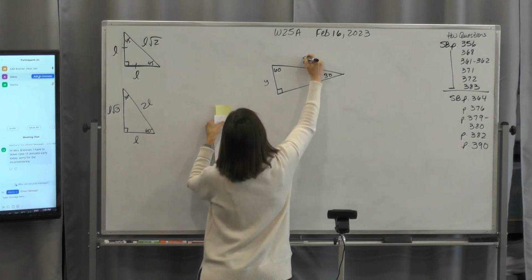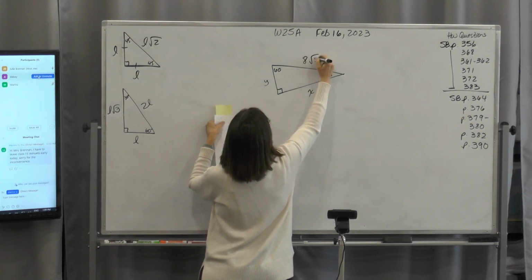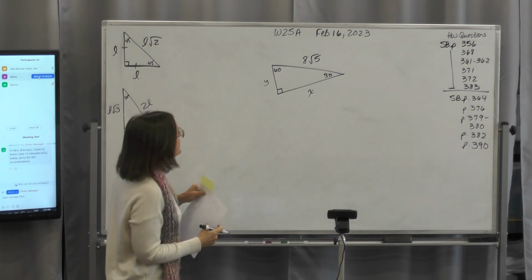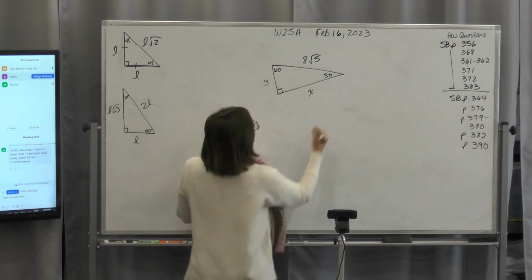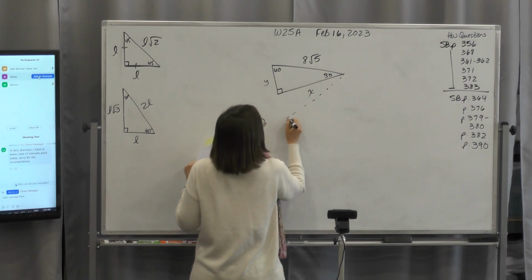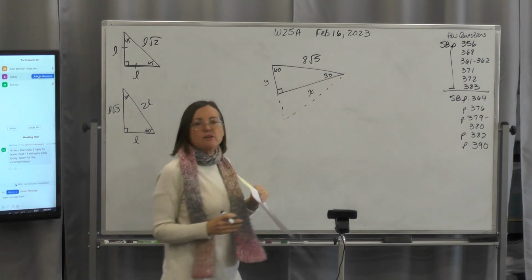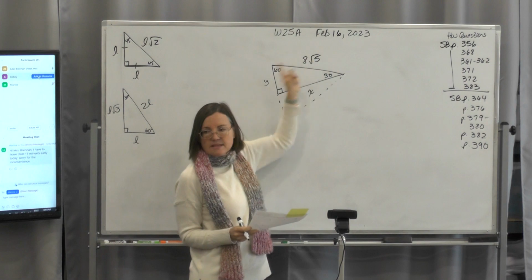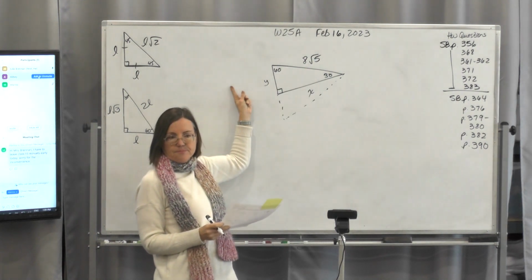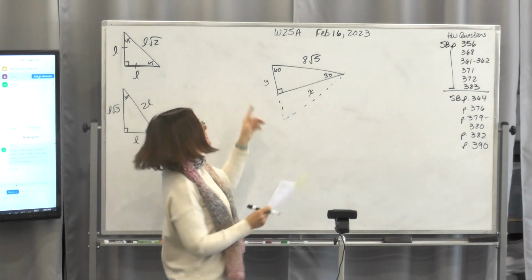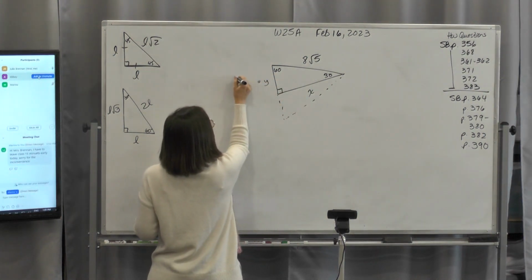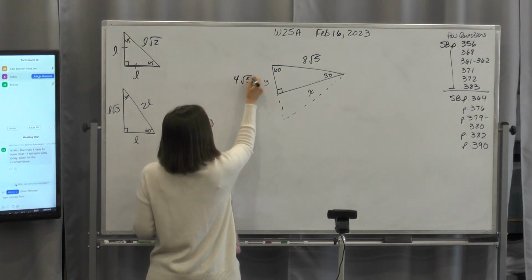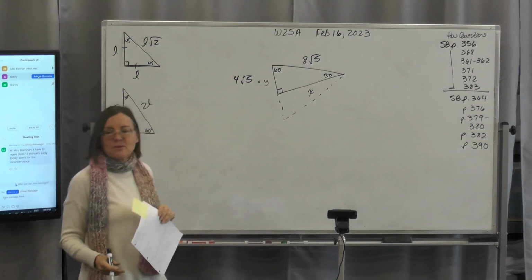What's kind of nice is if you sketch out your little equilateral triangle, that helps you remember that whatever that is, that's going to be half of it, right? Because this is the base of half. So y is the easiest part. That's going to be 4 times the square root of 5.